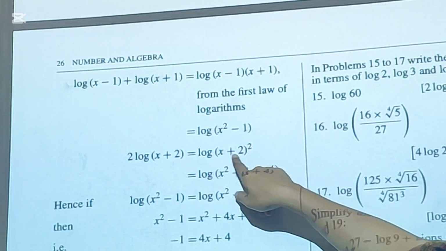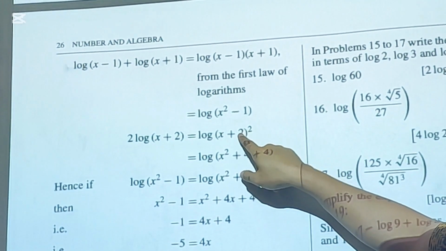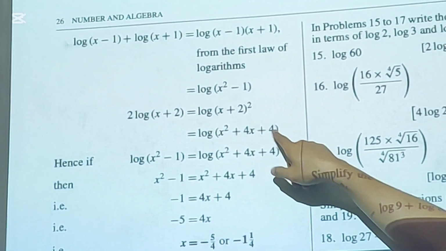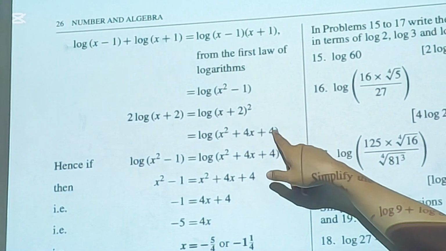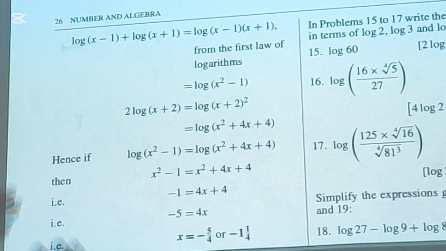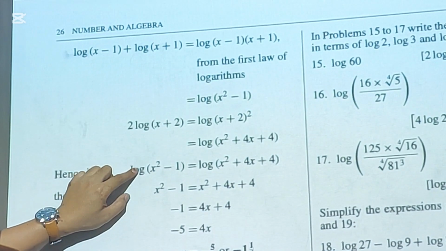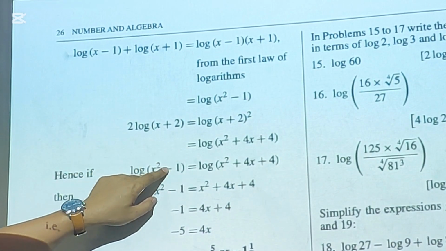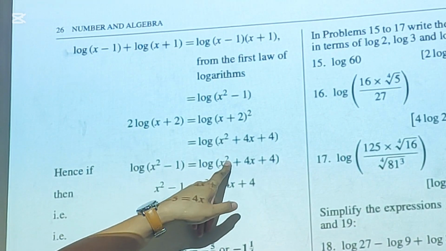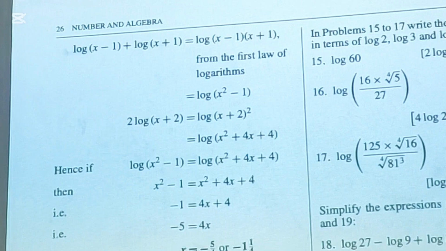So it will become x squared plus 2 multiplied by 2 for x plus 2 squared plus 4. So the basic equation will become like this: log x squared minus 1 equal to log x squared plus 4x plus 4.